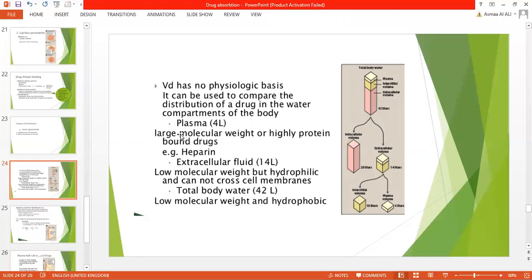For example, in the plasma, a large molecular weight or highly protein-bound drug has a volume of distribution of about 4 liters. Extracellular fluid is about 14 liters.